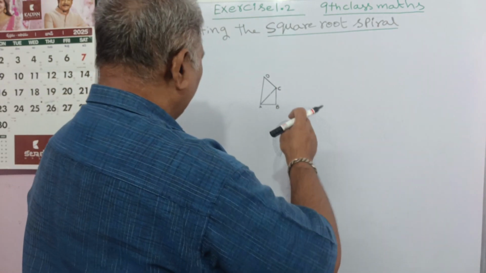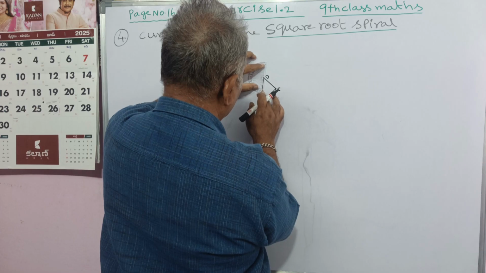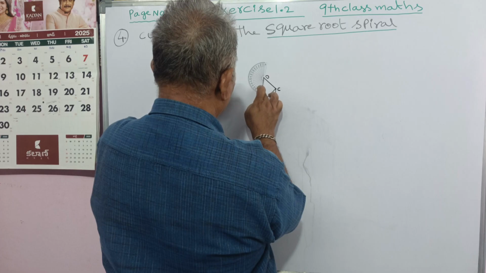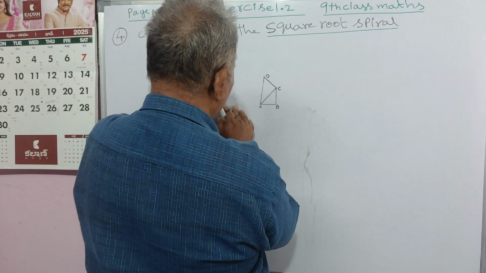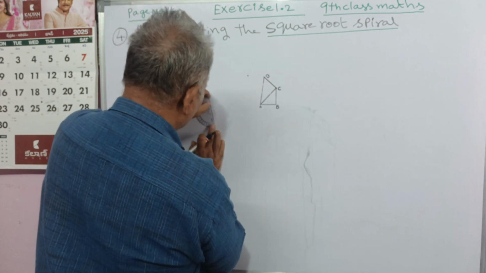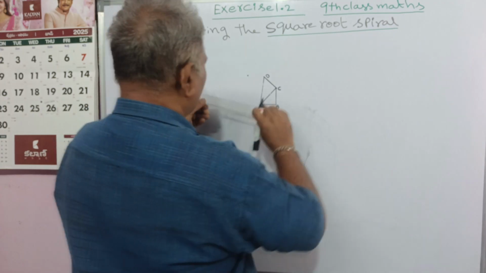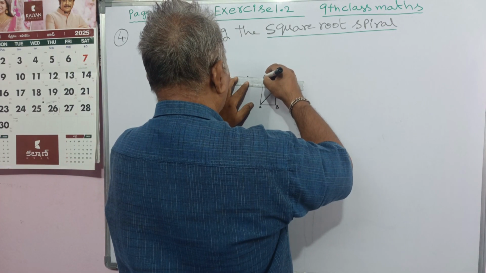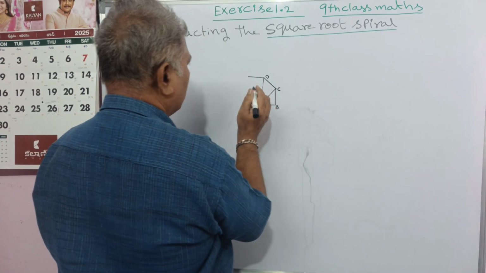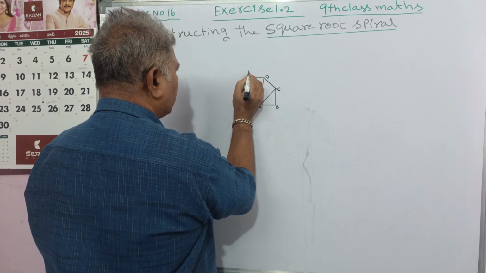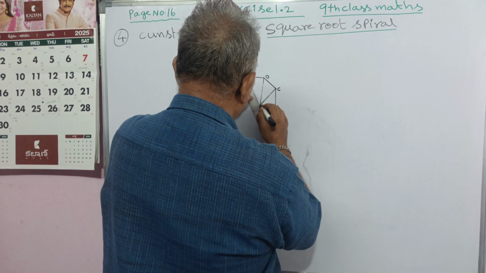Again, draw a perpendicular line to AD. Look at this point E, and join AE.